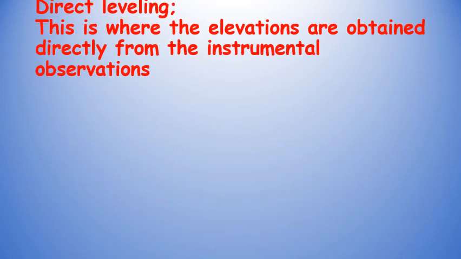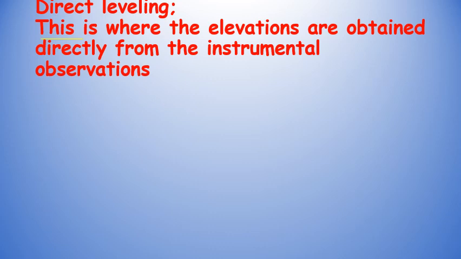Under direct leveling, this is where the elevations are determined by obtaining the measurements directly from the instrument. So we get the instrument, take observations from it, and then straight away we shall be able to get the height, the elevation of any point above or below the Earth's surface.